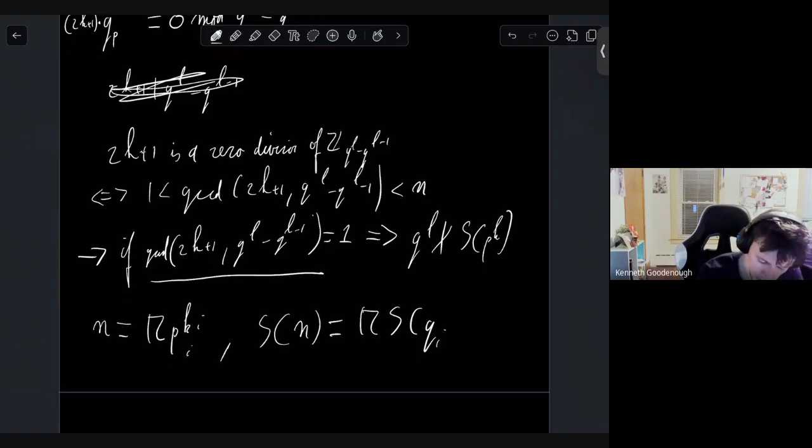By the way, one thing I realized is that the multiplicative property of Sn really derives from the Chinese remainder theorem. Why is that? Well, we're asking a question about the order of a group element.